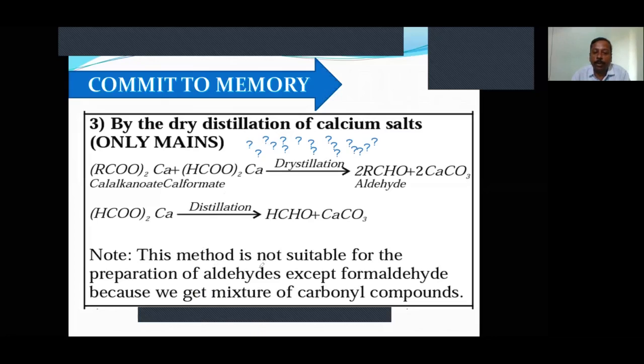This method is not suitable for the preparation of aldehydes except formaldehyde, because we get a mixture of carbonyl compounds, we don't get one carbonyl compound. Here (RCOO)2Ca is called a calcium salt. Anyhow, I will write the structure here.